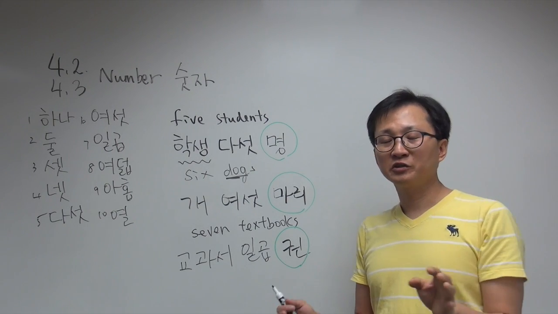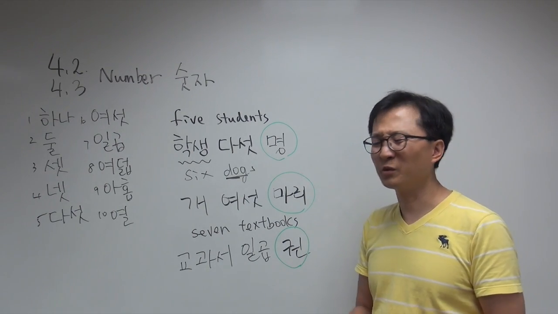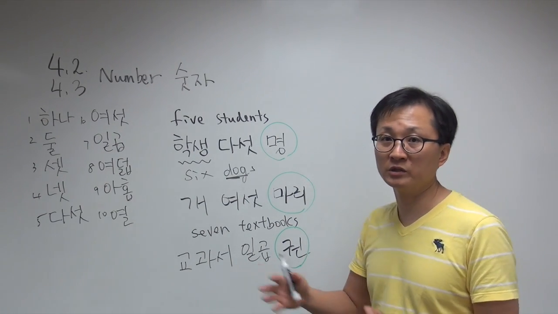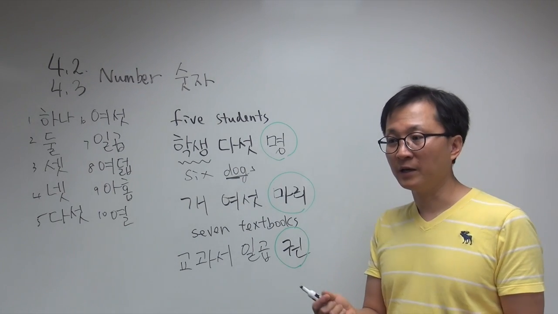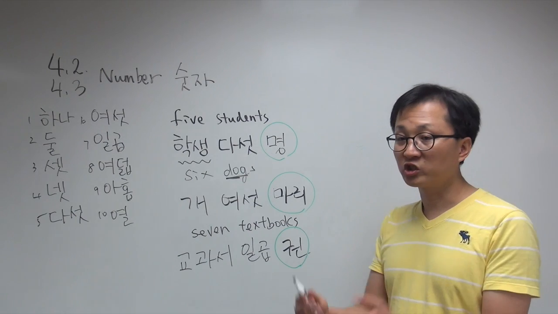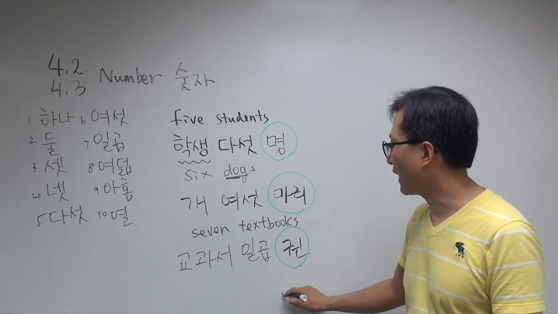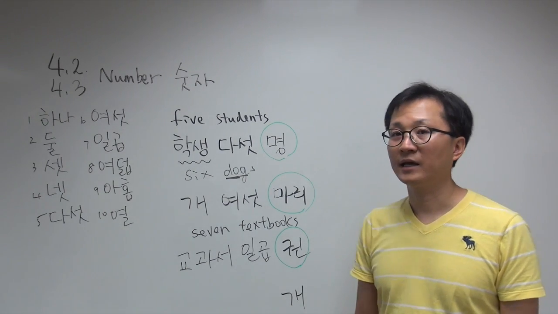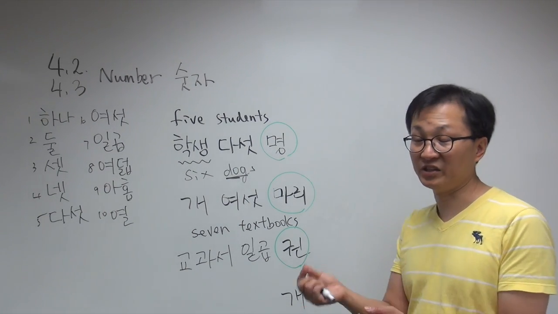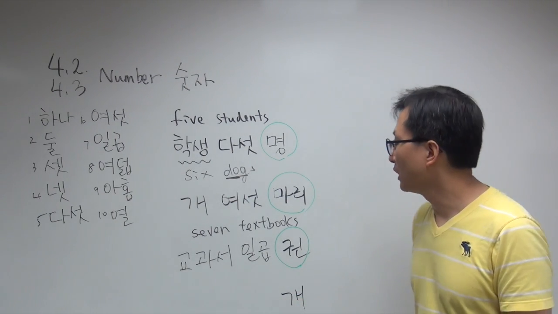There is no specific counter for those kinds of furniture. There might have been in the past, but these days we don't really specify desks or chairs with a specific counter. For general items, we use this counter 개. 개 means just item. Just 7 items of something like that.